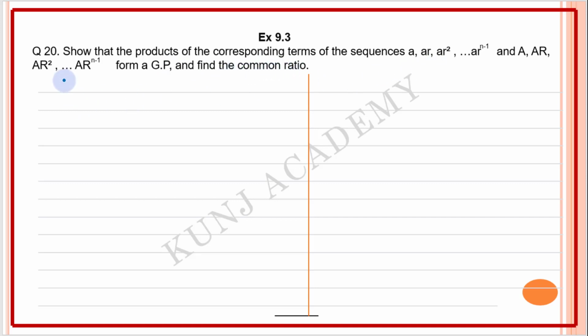Given two sequences are small a, small ar, small ar square, and so on, small ar power n minus 1, and capital A, capital AR, capital AR square and so on, capital AR power n minus 1.